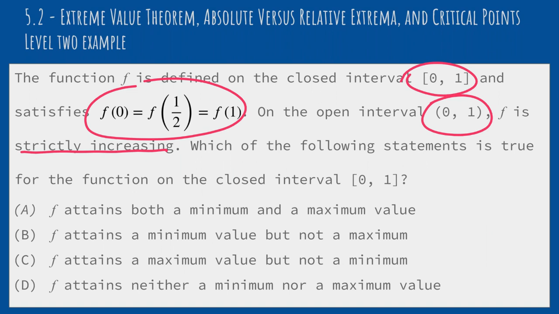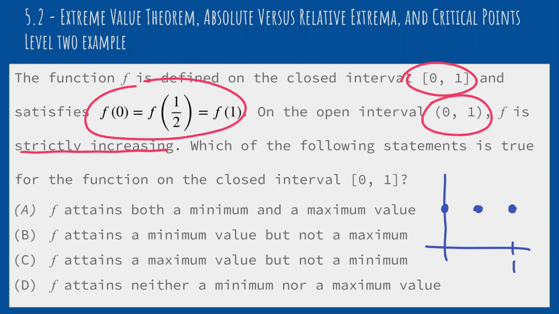So which of the following statements have to be true for the function on the closed interval from 0 to 1? So what I would do for this is draw a picture. So if I graph what this could look like, some things that are going to have to be true is that f of 0, f of 1/2, and f of 1 are all at the same y value.